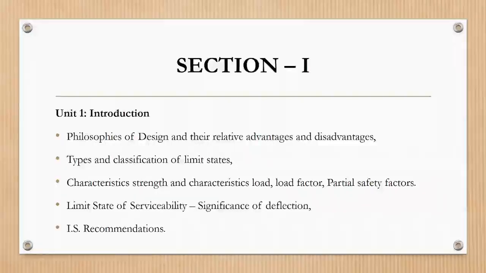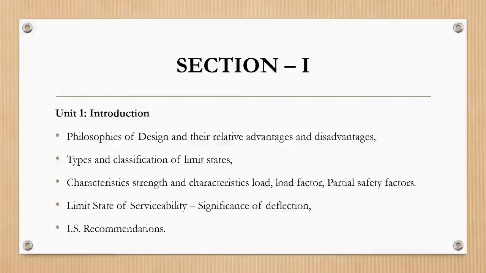In section 1, unit number 1 is the introduction to the design of reinforced cement concrete, in which we are going to discuss the philosophies of design and the relative advantages and disadvantages, types and classifications of limit states, characteristic strength and characteristic load, load factor, partial safety factors, limit state of serviceability, in which we are going to deal with the significance of deflection and cracking, and we are going to discuss in detail the IS recommendations.